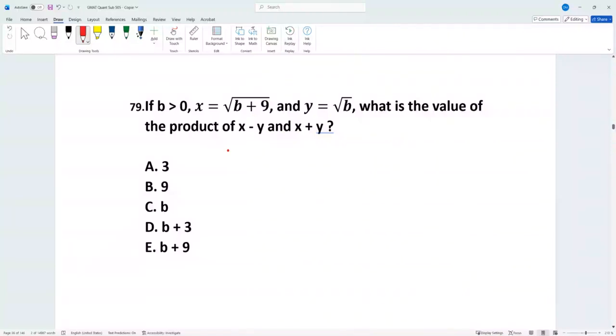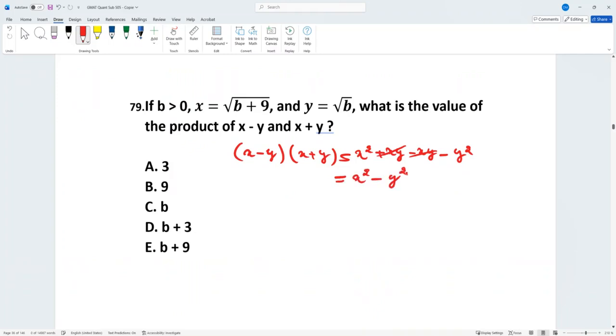So normally this is actually equals to x squared plus xy minus xy minus y squared. And this will cancel, and we will find ourselves with x squared minus y squared.